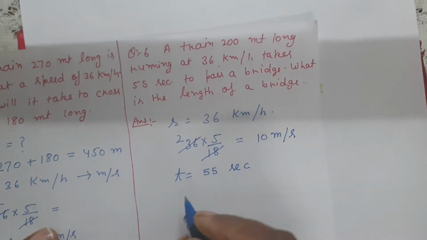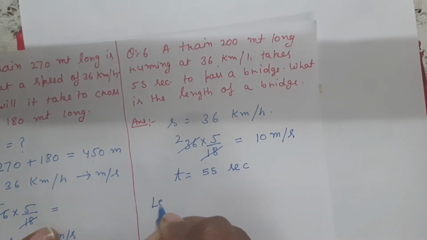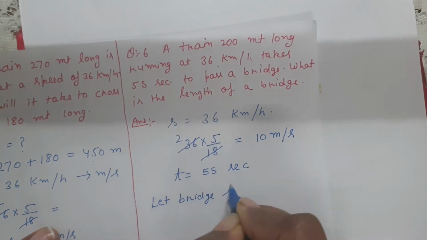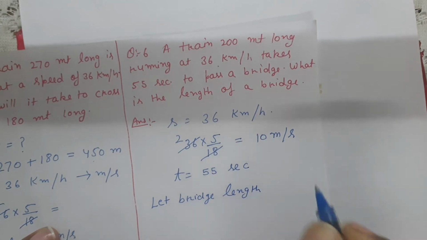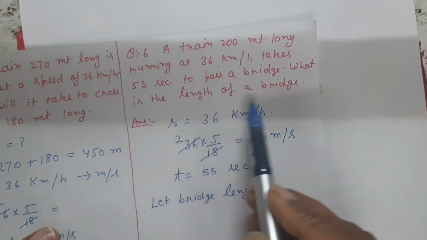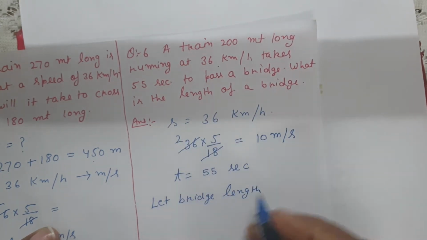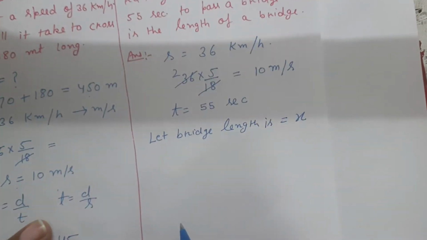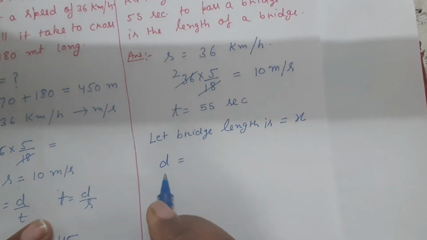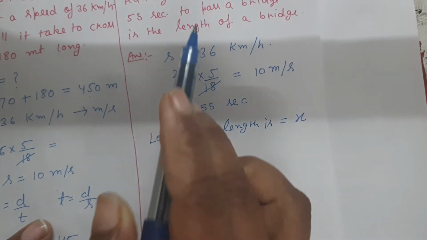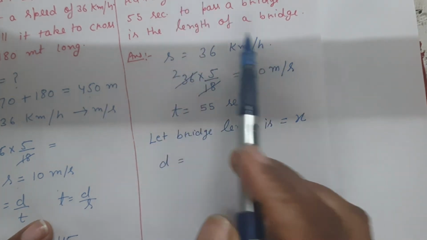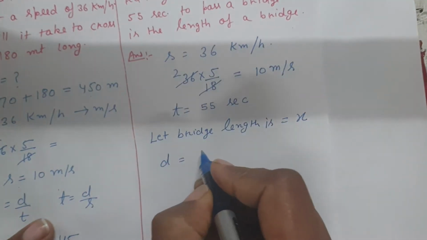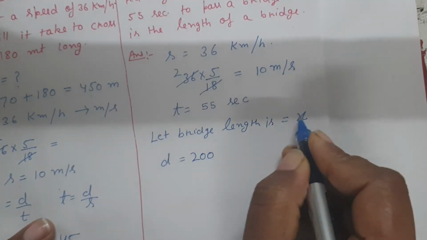And now distance. Suppose bridge length is x. In this question, what is the length of the bridge? Suppose bridge length is x. Then distance is equal to length of a train plus length of a bridge. So length of a train is 200 and the bridge length is x.